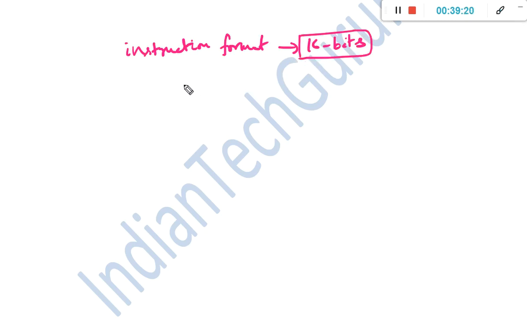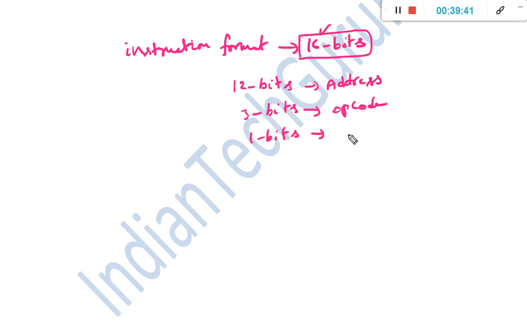In the example we have seen, we have taken 16 bits and bifurcated these 16 bits as 12 bits for address, 3 bits for operation code, and 1 bit for direct or indirect address mode. Whereas sometimes you may have 32 bits also. That is based on the computer architecture.